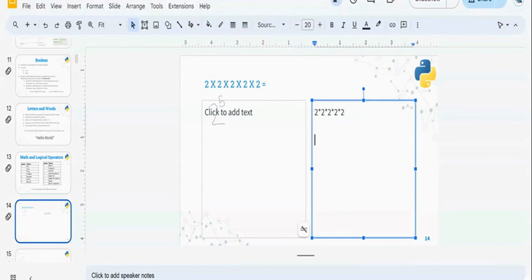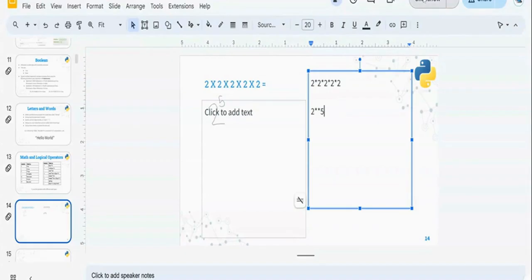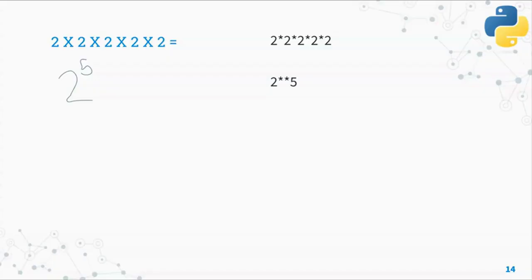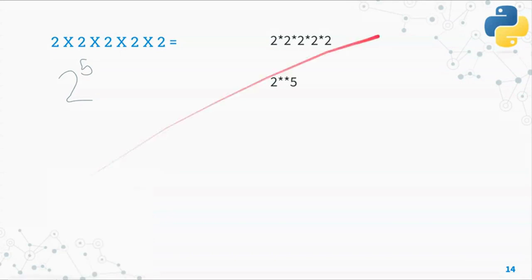But we can also just write 2 asterisk asterisk 5. So these are the same thing, but one is so much easier to write, especially when you have 100 or like 200 times that you want to do 2 times 2. Then it can get really hard to write it out every time. So you can just use an exponent. We will cover this also later on, but this is just something good to know in general.